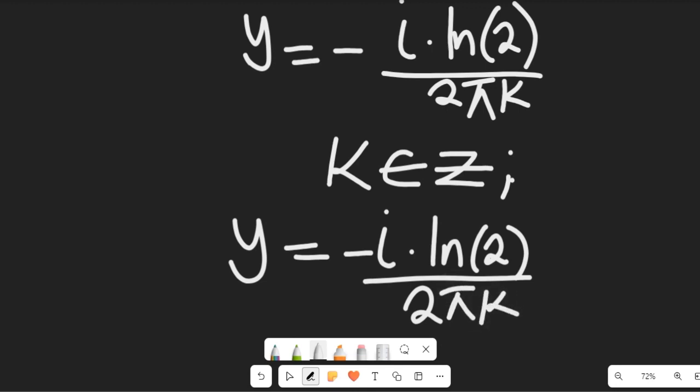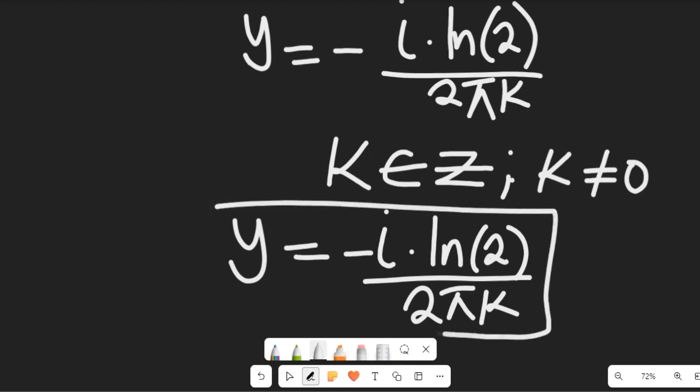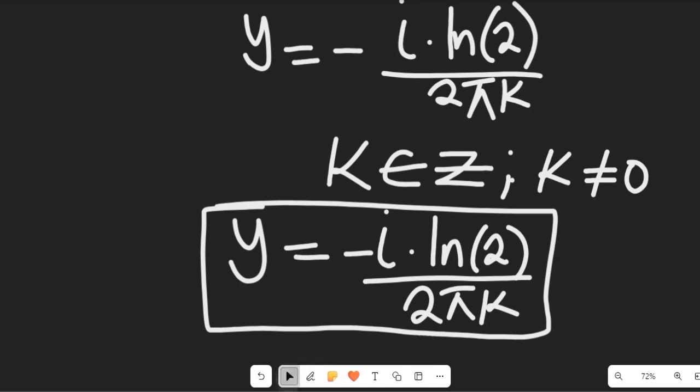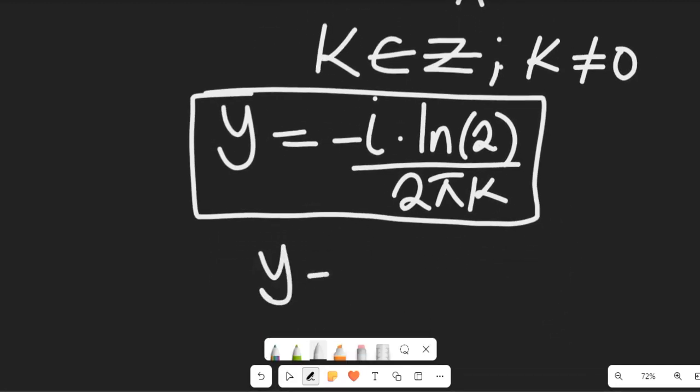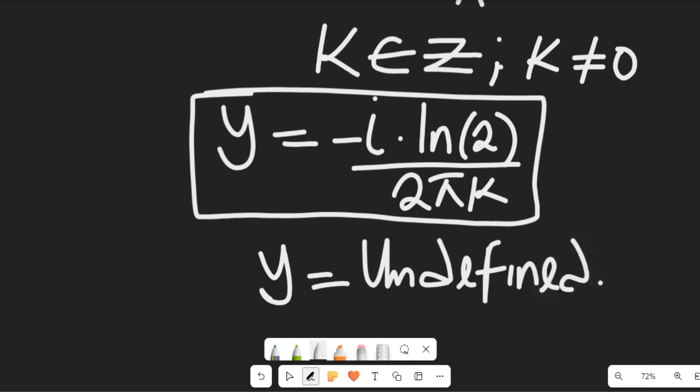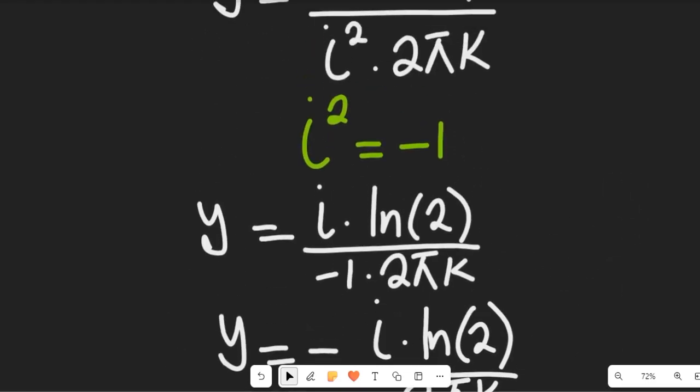So as long as k is an element of the integers, and as long as k is not equal to 0, this remains our solution. And recall that if k becomes equal to 0, then the value of y will become undefined. So as long as k is not equal to 0, this is the complex solution to the equation that is given to us above.